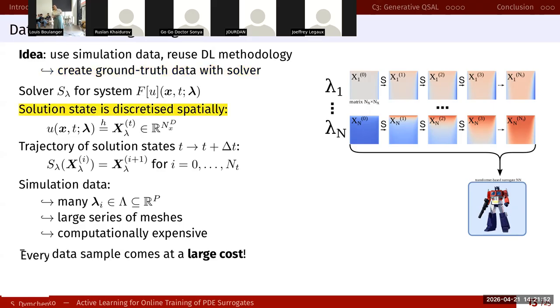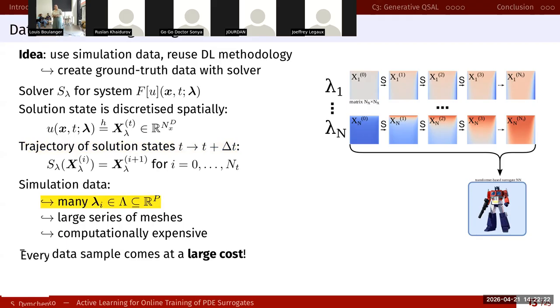The solver produces the solution for the system at some points discretized over the space. The resolution of the discretization is chosen by ourselves as well. Then the solver produces the trajectory of solution states by taking the preceding state and providing the next one, so iteratively.